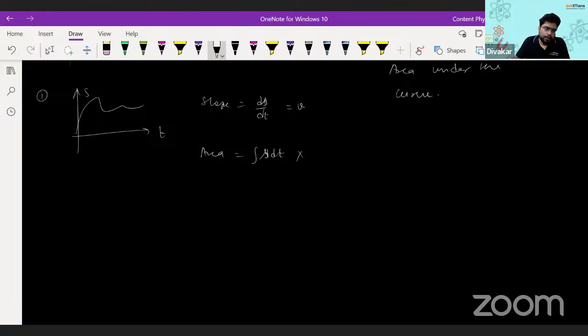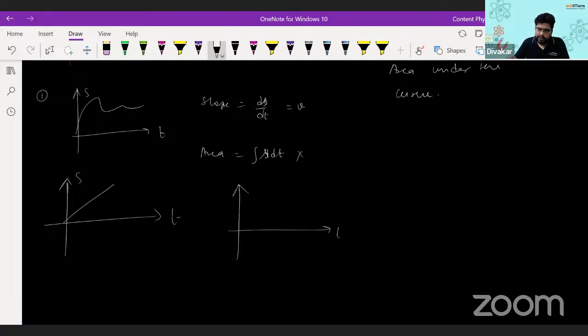Simple. Now, your slope, which is important in the case of s versus t, could be positive. It could be a negative one. It could be an increasing one. It could be a decreasing one.